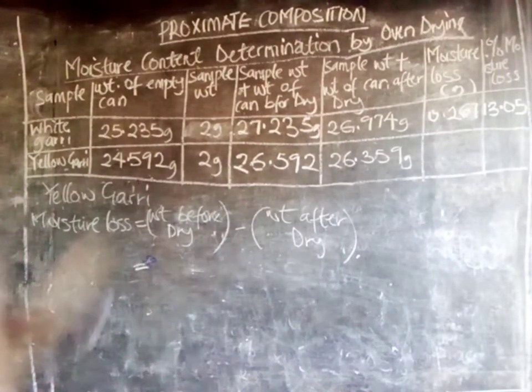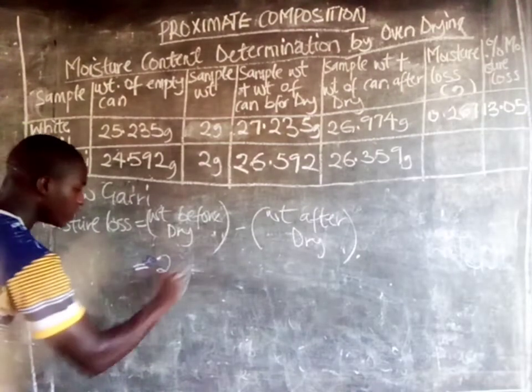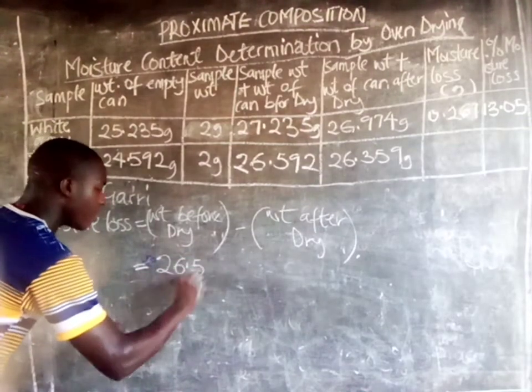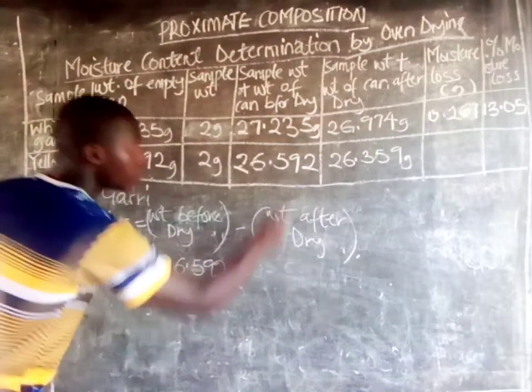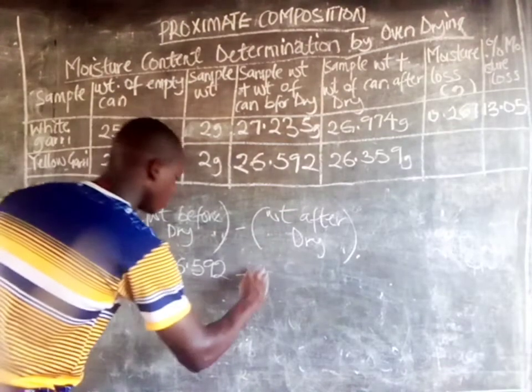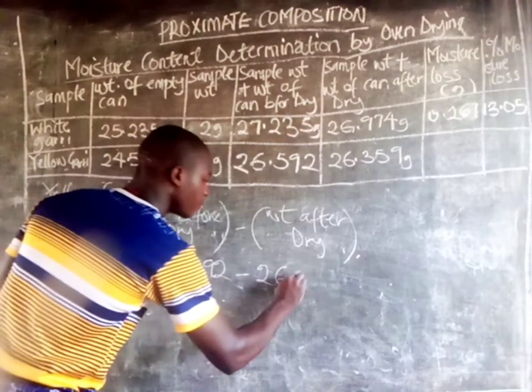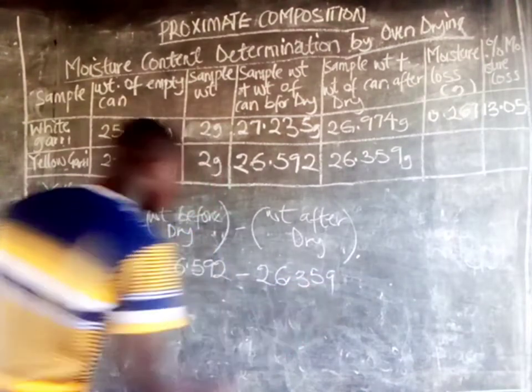So now we had for yellow Gari that the weight before dry is 26.592 minus the weight after dry, which was 26.359.